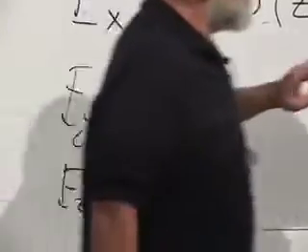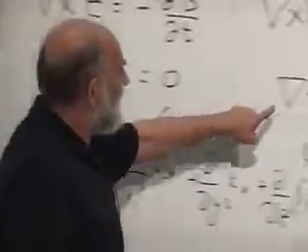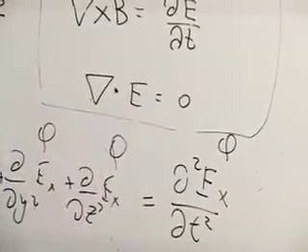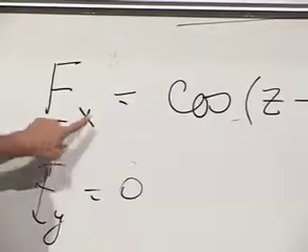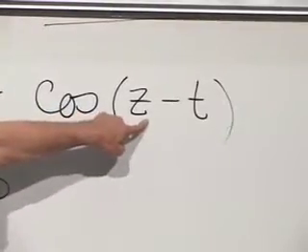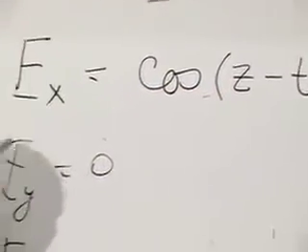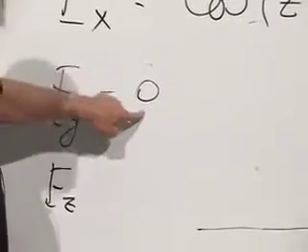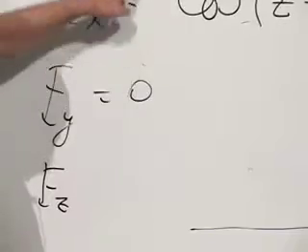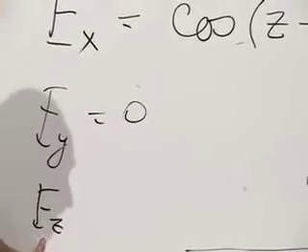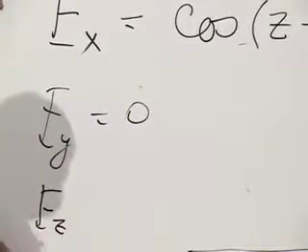It has to be 0 because del dot E is equal to 0. What is del dot E? It's the derivative of the x component with respect to x, but the x component doesn't depend on x, plus the derivative of the y component with respect to y, which also doesn't depend on y, plus the derivative of the z component with respect to z.